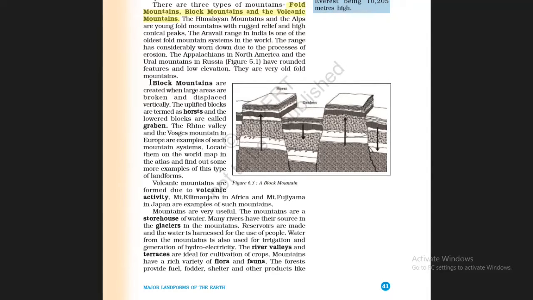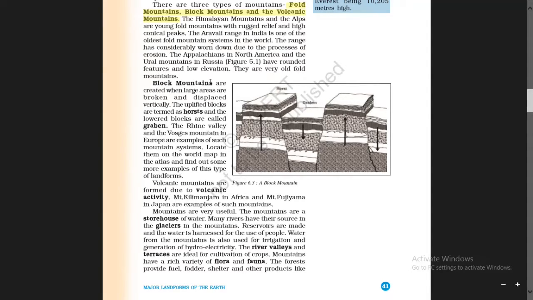Because of erosion, they become lower. The Appalachians in North America and the Ural Mountains in Russia have rounded features. So these two, you see, Appalachians and Ural Mountains, they have rounded features and low elevation. They are very old fold mountains.